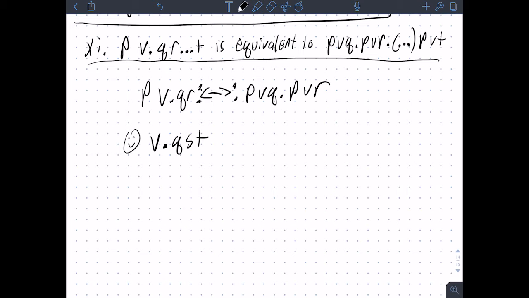And so then you would get smiley face or Q and smiley face or S and smiley face or T. Then, since this was a PR, the conjunction P and R, we just erase our smiley faces and put in the conjunction P and R.